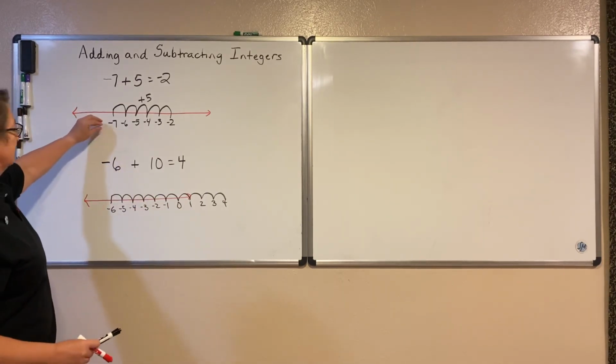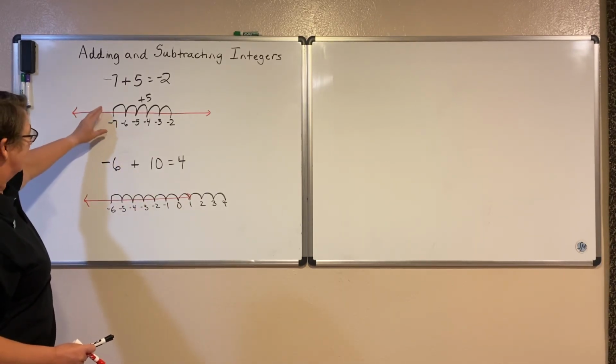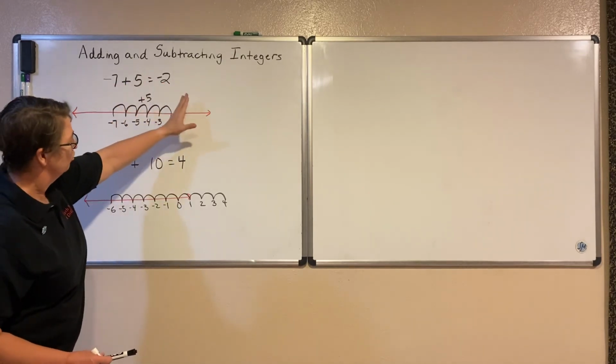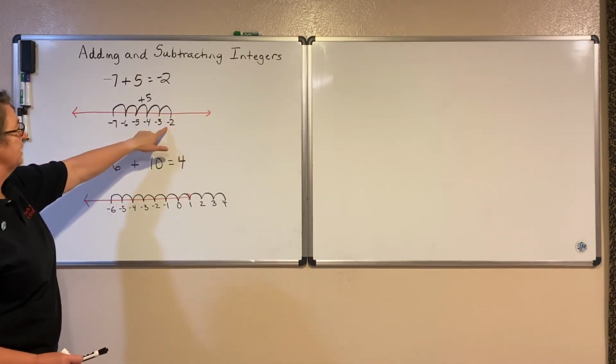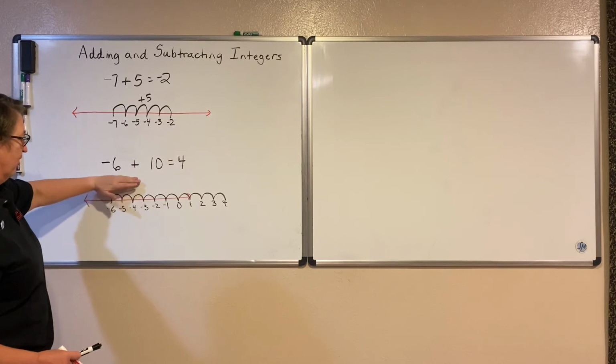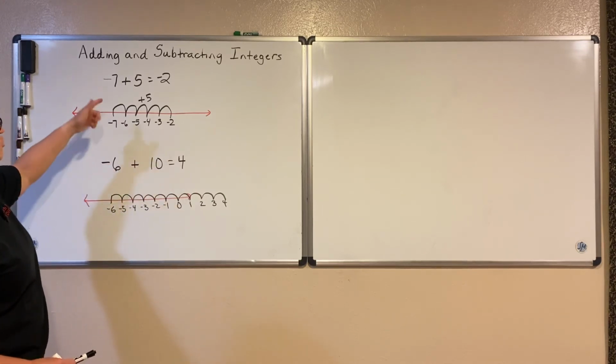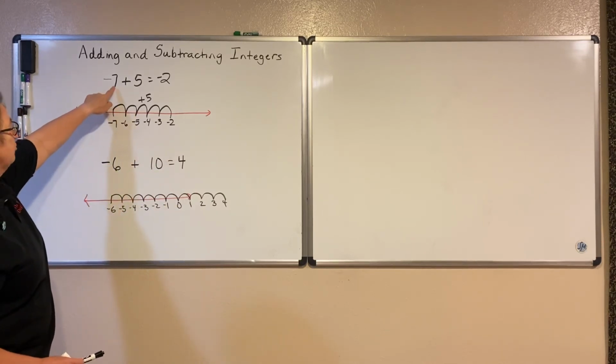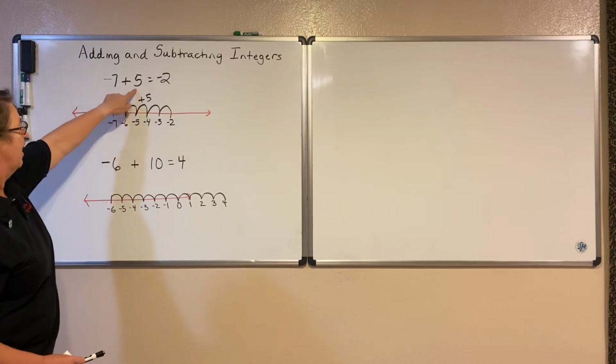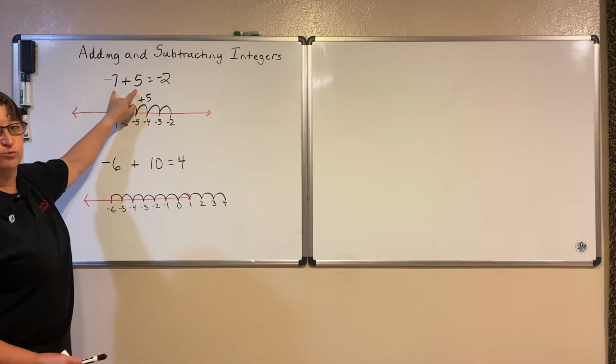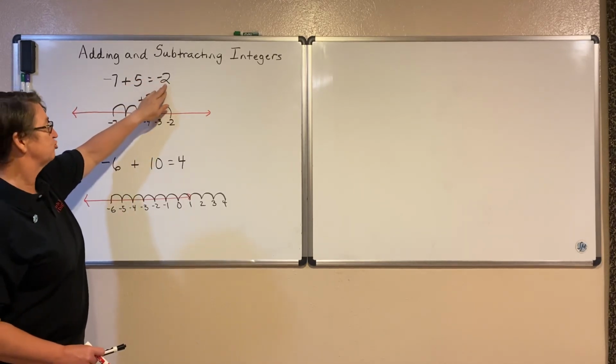In both cases, notice that I started in negative land and I walked to the right towards positive land. Here I didn't make it, there I did. Really though, if you look at these two numbers, the 7 and the 5, what we really did with those two numbers is we subtracted.